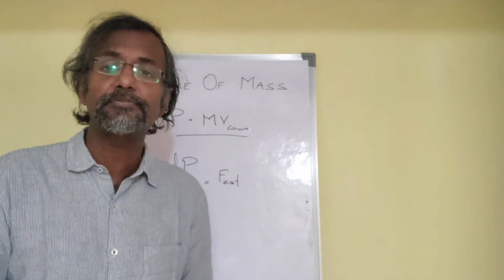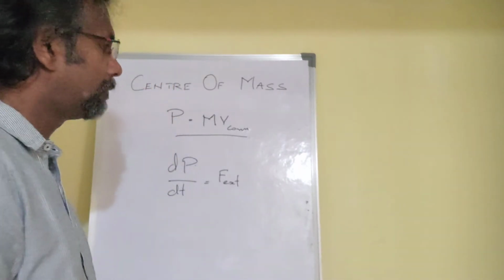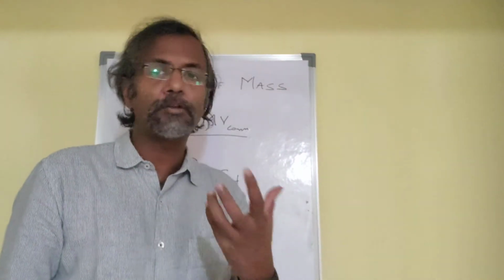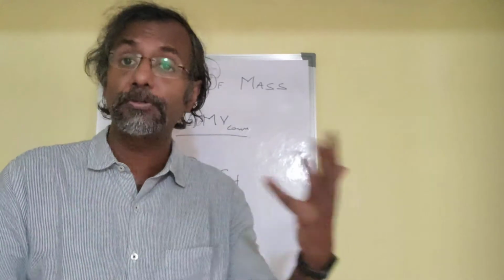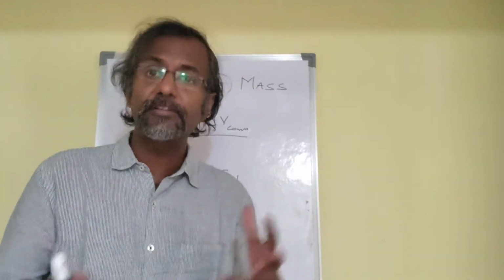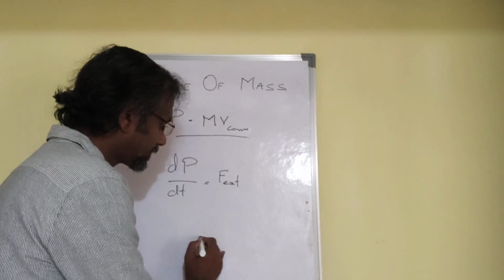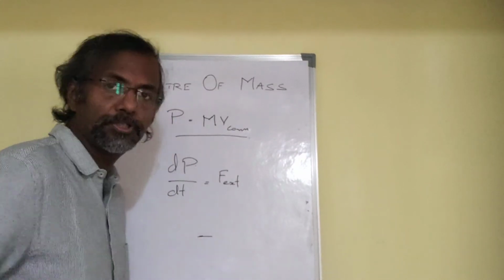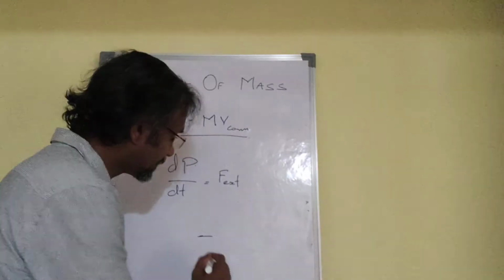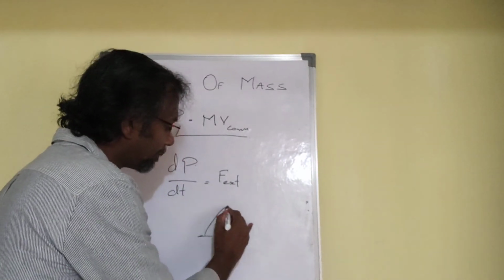Okay. So just to give you an idea about where the applications of center of mass happen, in real life, you have, let's say, a long jumper. When a long jumper takes off, when he jumps, he shoots forward. Remember that his center of mass is going to follow the path of a parabola.